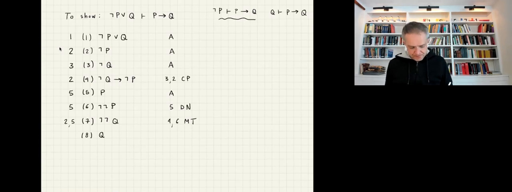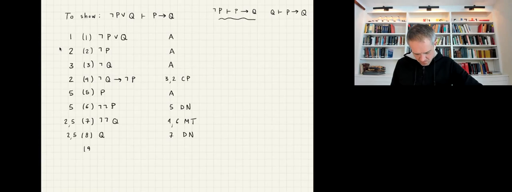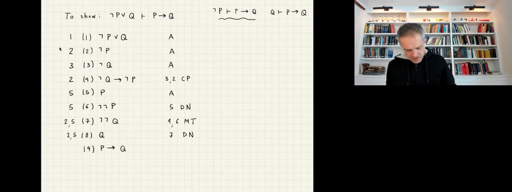Okay, so then I finally have Q follows from 2 and 5. And so P arrow Q, that's 5, 8 conditional proof, follows just from line 2.